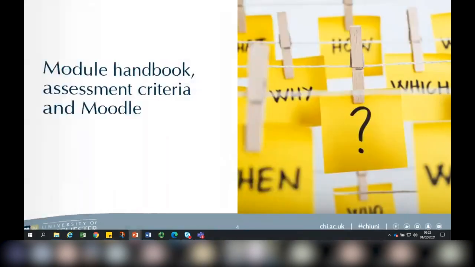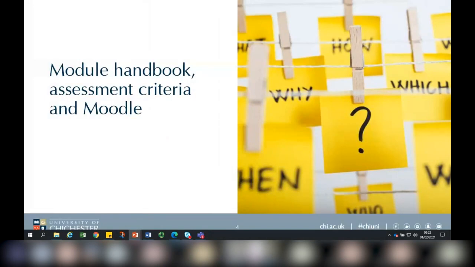Okay, so how did you get on with the handbook, the assessment and looking at the assignment briefs? Is there any change in format for this year with the presentation? That's a really good question. At the moment, it's a bit early to say.